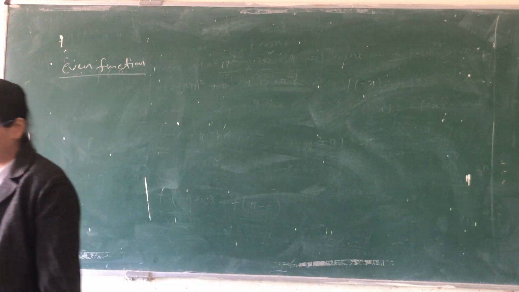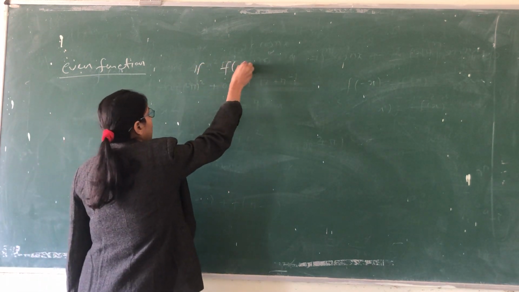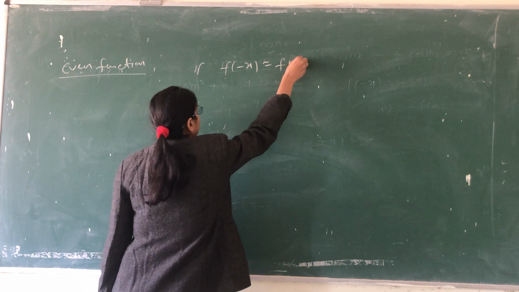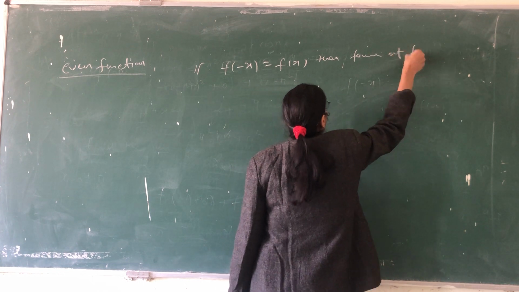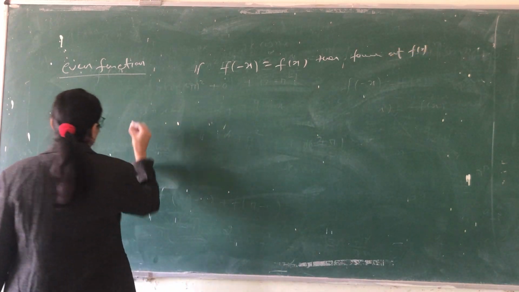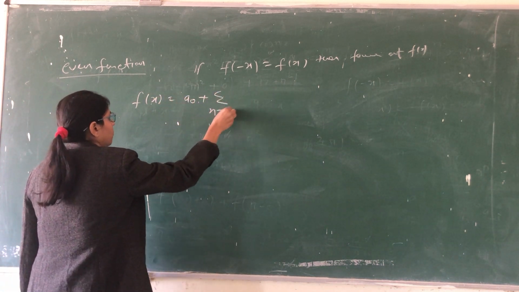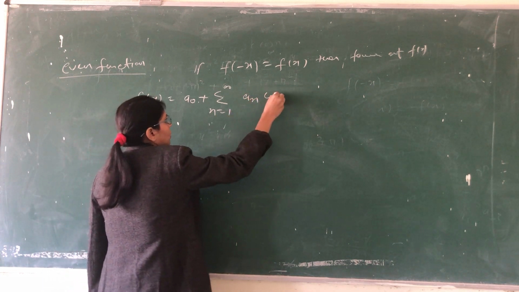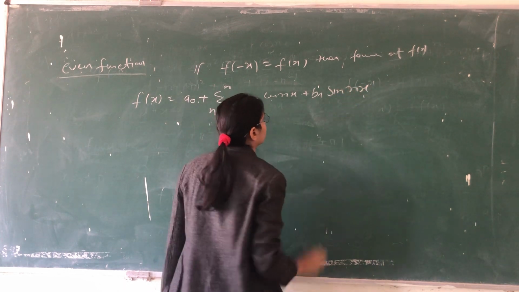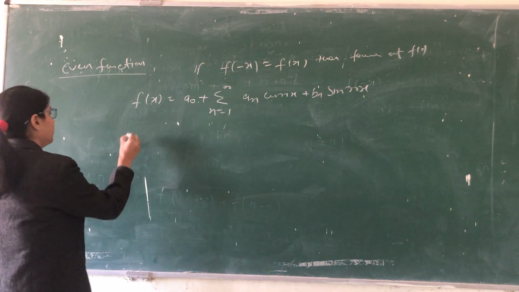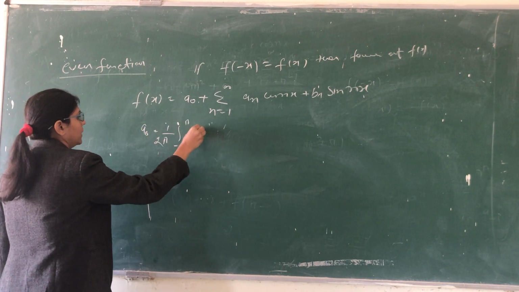Now if the given function is even function, and we can say if f of minus x equals to f of x, then Fourier series of f of x. तो f of x की Fourier series हमारी क्या होती है, हमने ये पढ़ा है f of x equals to a0 plus summation n from 1 to infinity an cos of nx plus bn sin of nx. ये हमारी Fourier series होती है where we have a0 equals to 1 upon 2 pi minus pi to pi f of x dx.